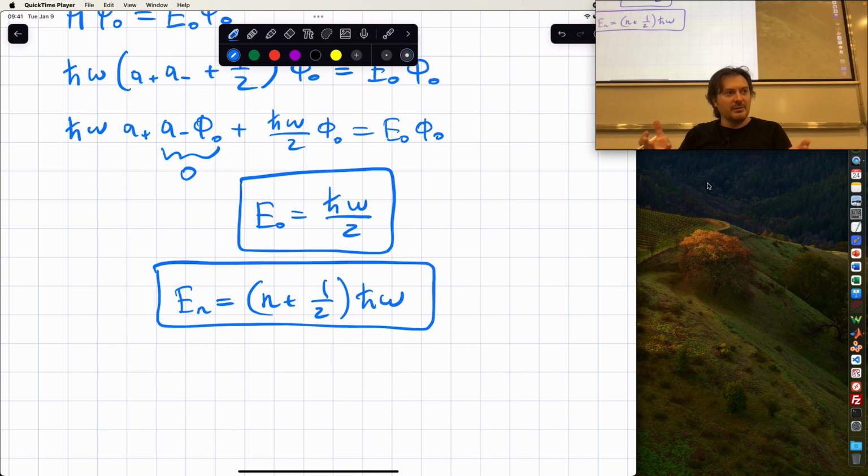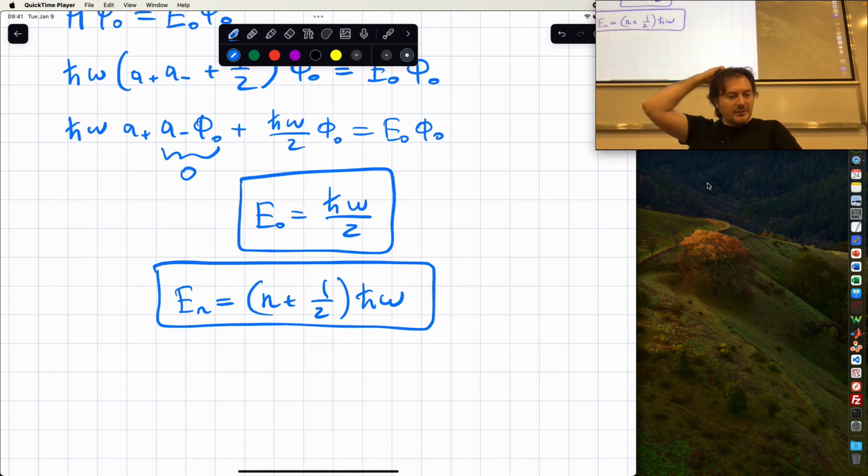Now we can show why, starting from Schrödinger's equation. This is how nature works. It obeys Schrödinger's equation, and it prohibits us from having any energy that we want. We have to have these energies.